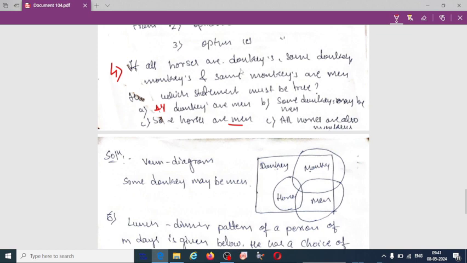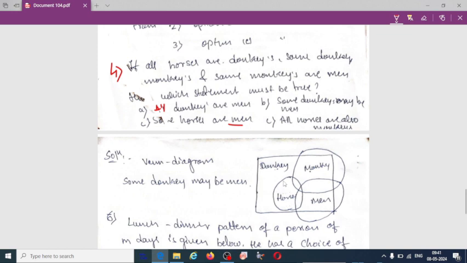All horses are donkeys. First you should draw the Venn diagram, then you can clearly identify. First draw the rectangular box for donkeys.